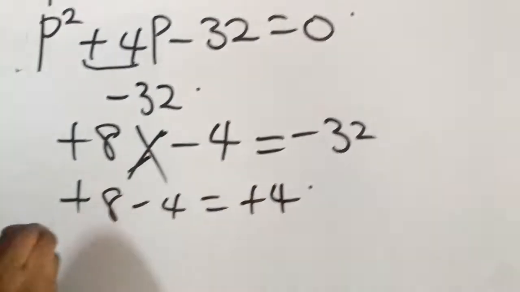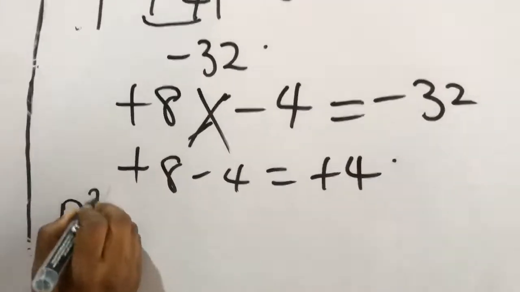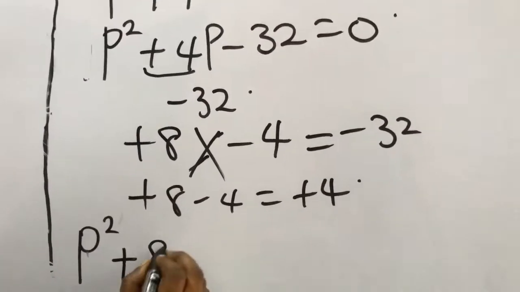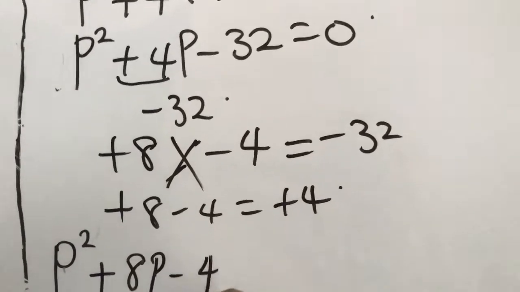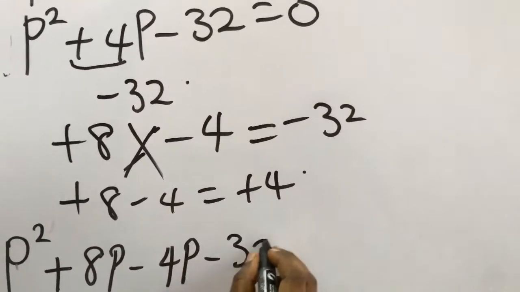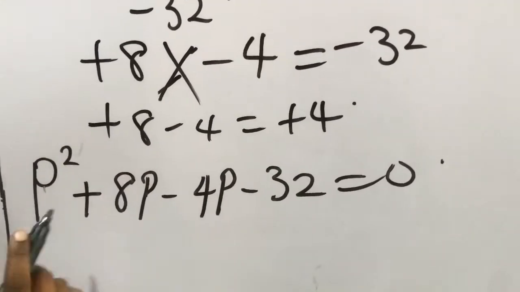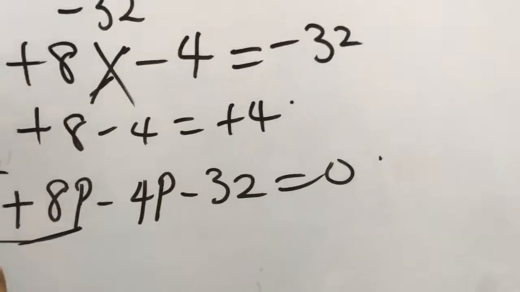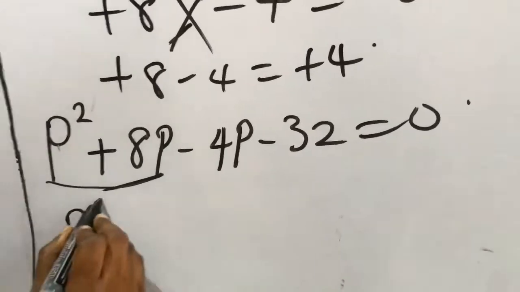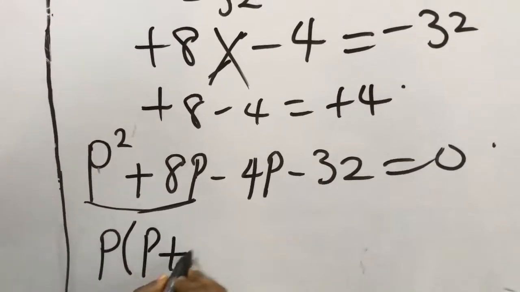So p raised to power 2 plus 8p minus 4p minus 32 is equal to 0. So we have to factorize what is common to this expression, which is p. So p times p plus 8.